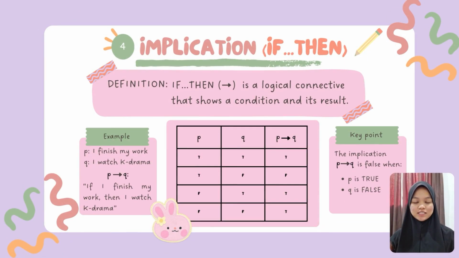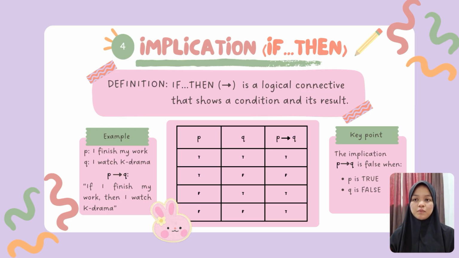My name is Zanuna Shimbeti Zaidi. Next, I will explain the fourth logical connective, which is if then, represented by the arrow symbol. It is also known as implication. This logical connective shows a condition and its result. For example, let P represent I finish my work and Q represent I watch K-drama.